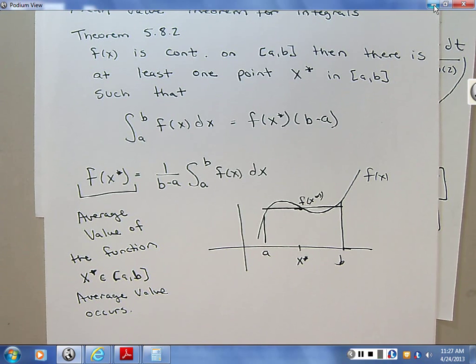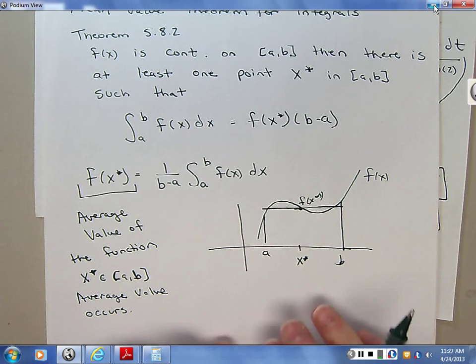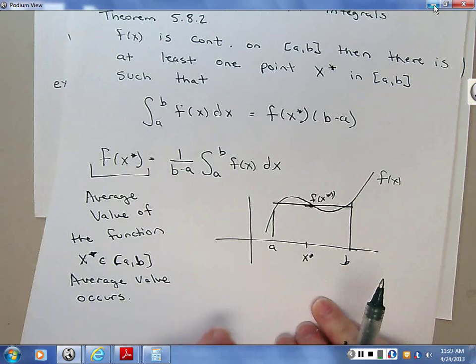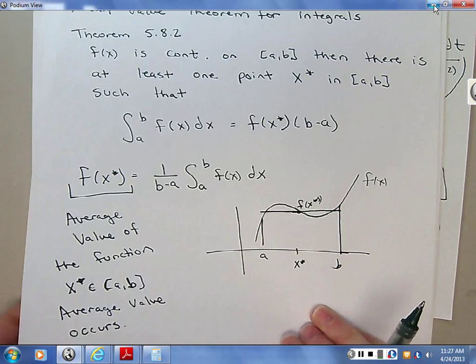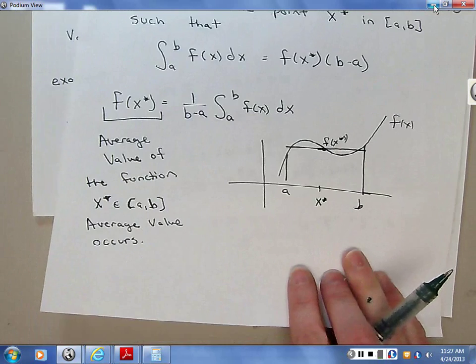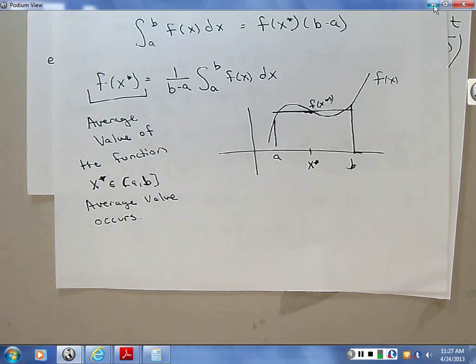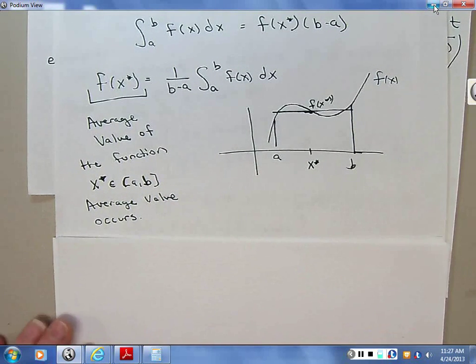So if I take the average value times the interval, I get the area underneath the curve. So let's actually do an example of applying it in a real problem. So the area of that box basically is the same area. Yes. Fine.